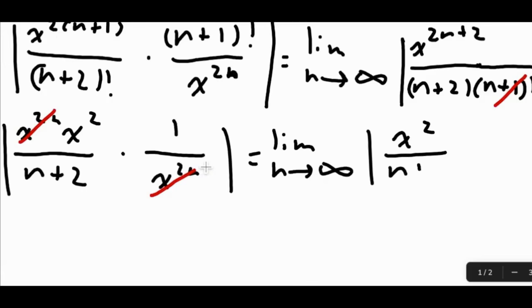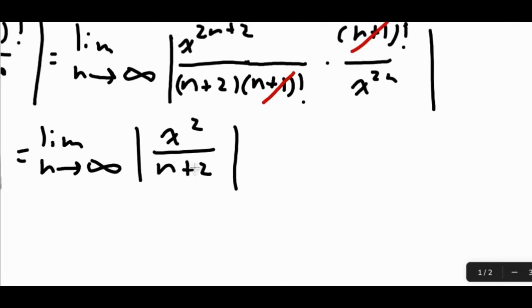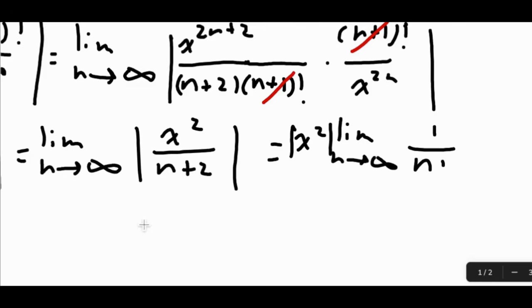And one thing we can actually do now is pull out this x squared, because remember, we're only trying to find the limit as n approaches infinity. We'll get x squared times the limit as n approaches infinity, don't forget your absolute value here, of 1 over n plus 2.